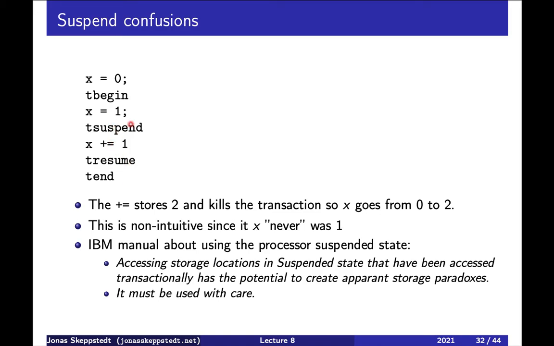And this is, in a sense, non-intuitive, since we started with 0, and then this never happened, so to speak. It was rolled back, and then we incremented, so it should be 1, or at least 1 more than it was before. But it will end up as 2.